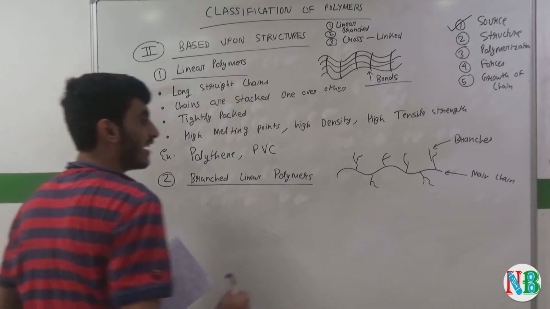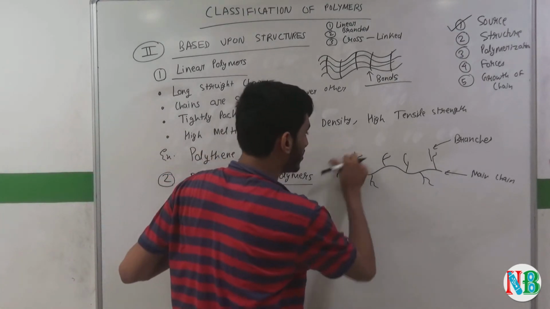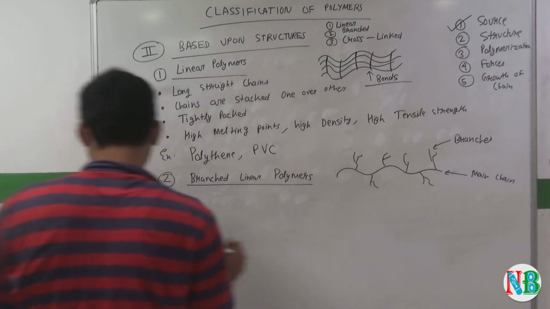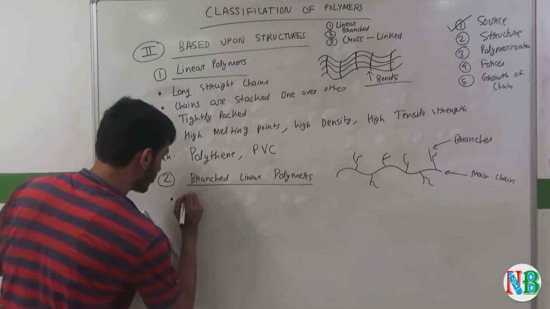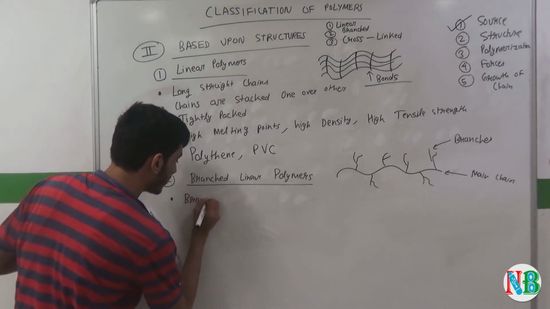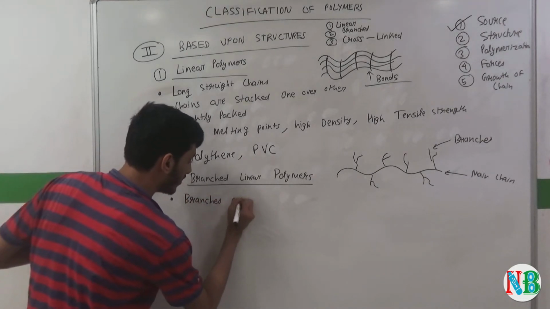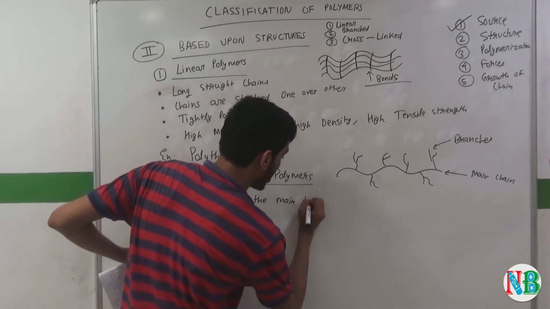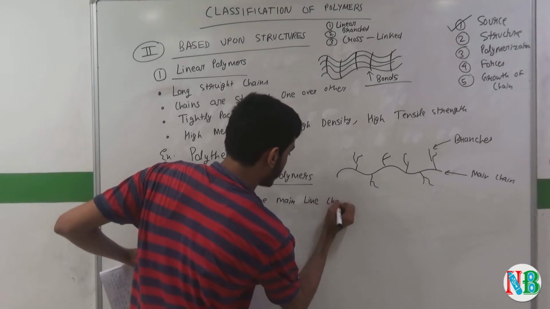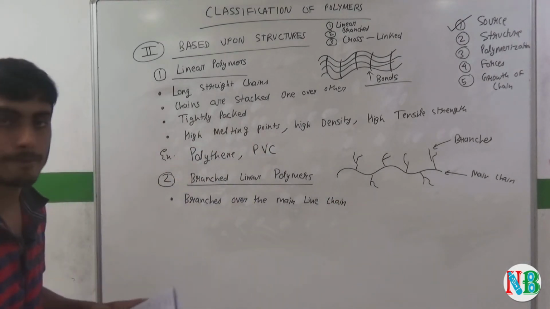So they have branches over the main chain.